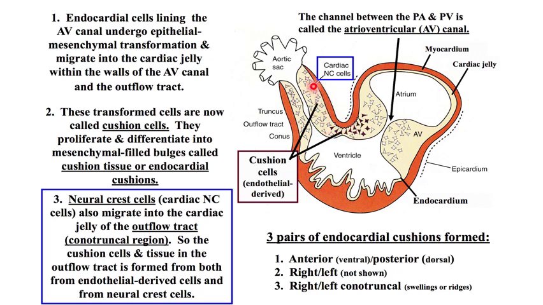Here the contribution is by the mesenchymal cells, which get transformed into cushion cells, and the neural crest cells. Here it is only the mesenchymal and the cushion cells that are responsible for the formation of the septum intermedium. These endocardial cushions, as said earlier, are anterior and posterior, as you see in the formation of the septum intermedium.